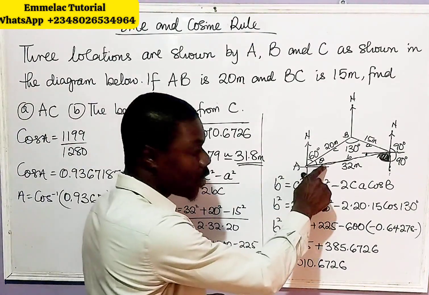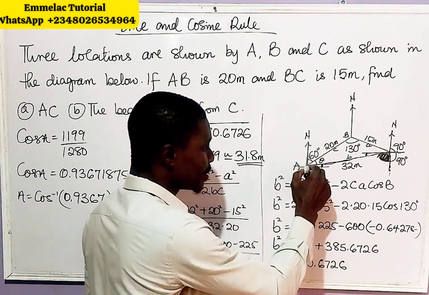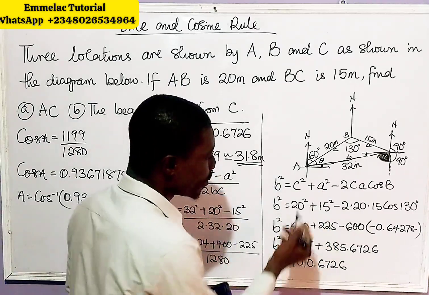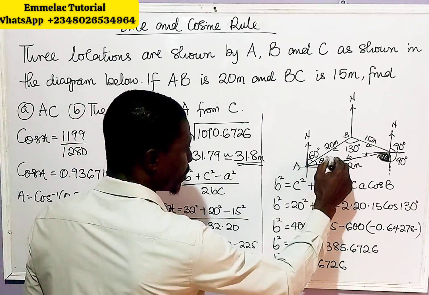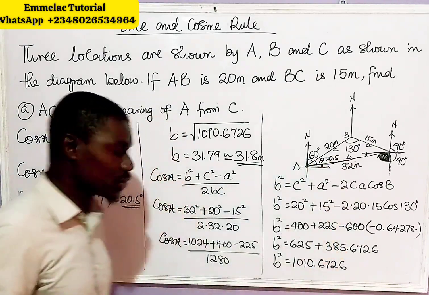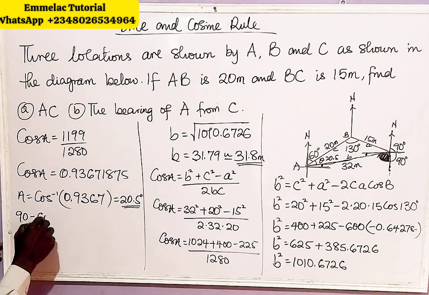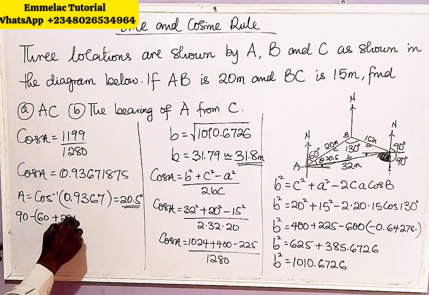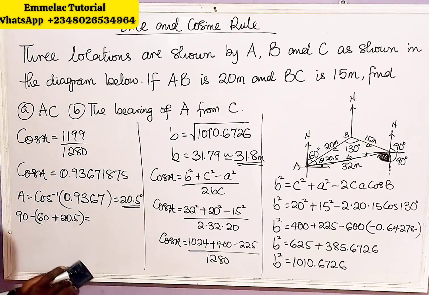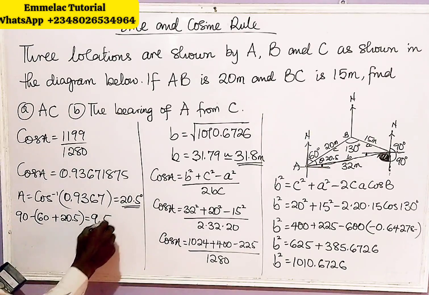Now I'm thinking that is not what we're looking for, so for us to now find this small angle here, take note the whole of here is meant to be 90 degrees. But here we have 60 and here now is 20.5. So it implies that 90 minus 60 plus 20.5, now this should give us 9.5.